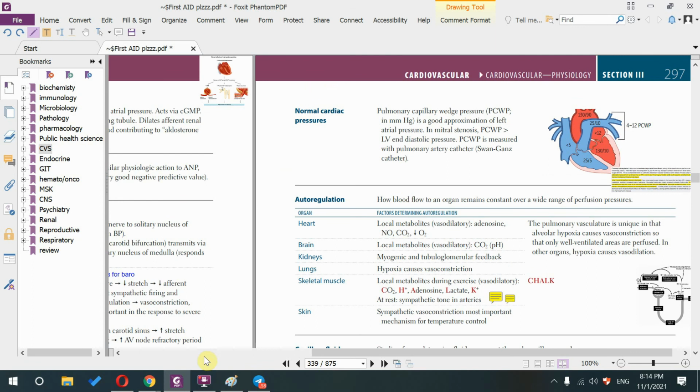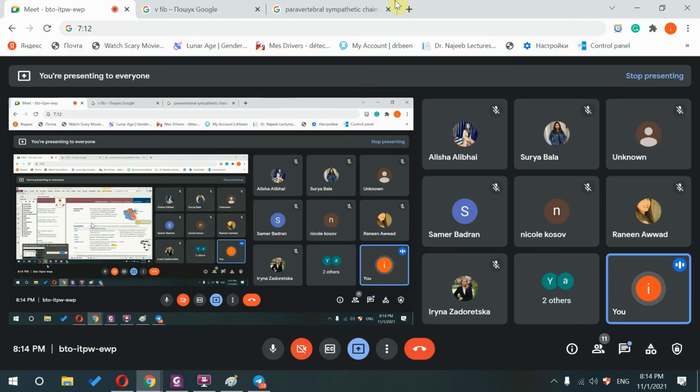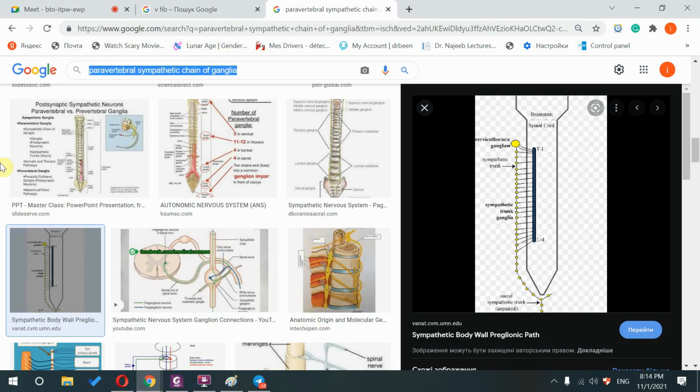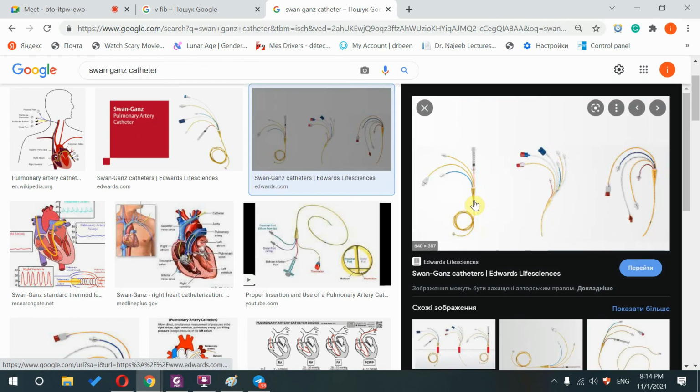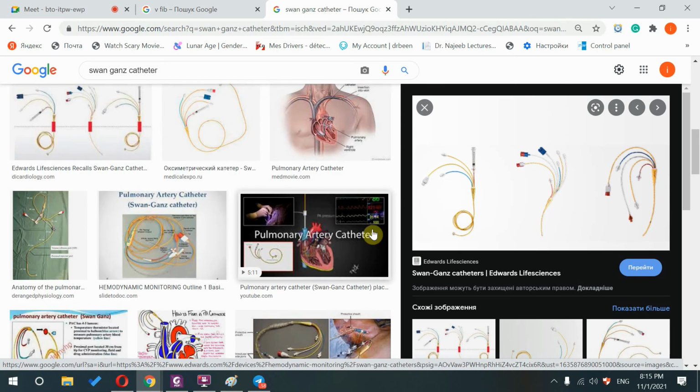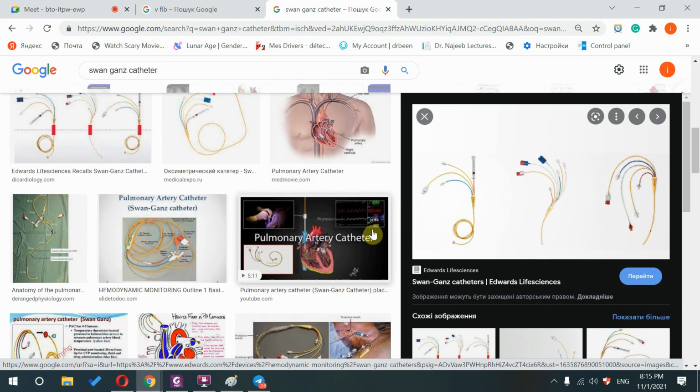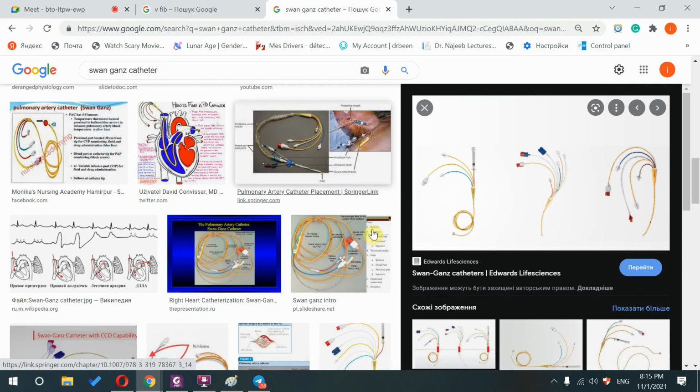There is something called the Swan-Ganz catheter. You have to see it to know what I'm speaking about. The Swan-Ganz catheter, they love it in your ward actually, that's why you should take a look at it. It is a catheter that you insert from the jugular vein. Sometimes you can insert it from your subclavian. It has a balloon inside of it.